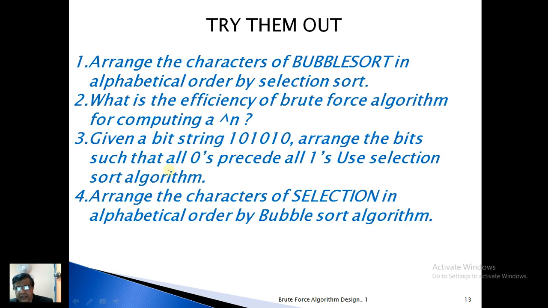And we have left a few questions for our respected listeners, and they will try these because I hope that they have understood the concept of bubble sort and selection sort being brute force techniques, and they have also realized that the number of comparisons is going to be very huge in both cases, but it comes with a difference.